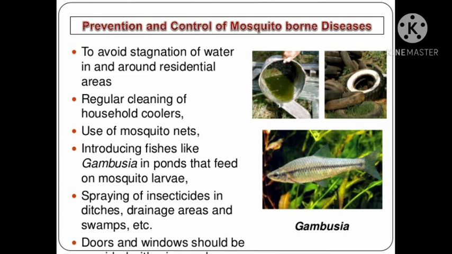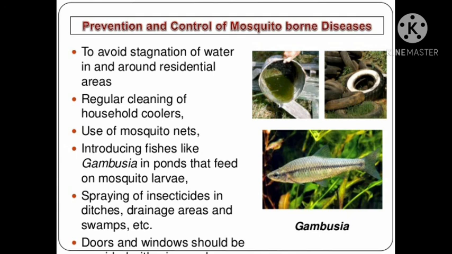So prevention of mosquito-borne diseases and other vector-borne diseases includes avoiding stagnation of water around residential areas, regular cleaning of household and household coolers, use of mosquito nets, mosquito repellents, covering the windows and doors with mosquito mesh, etc. Also, introducing fishes like gambusia in lakes and ponds, which can feed on the mosquito larvae, is a traditional biological way of controlling the malarial parasite.